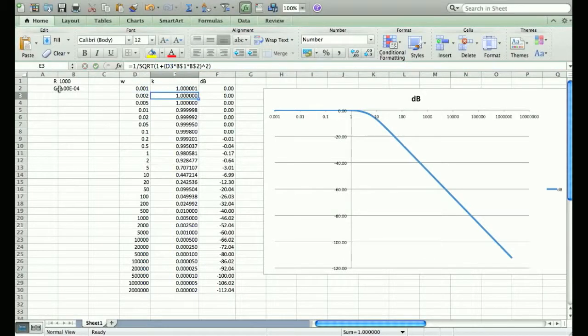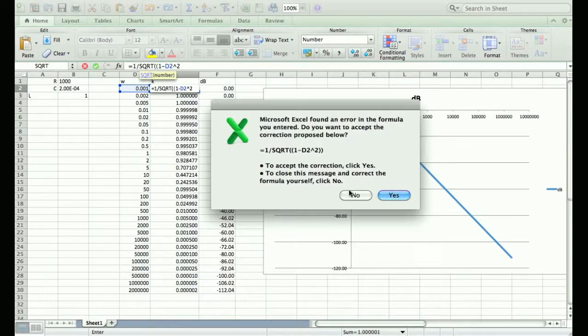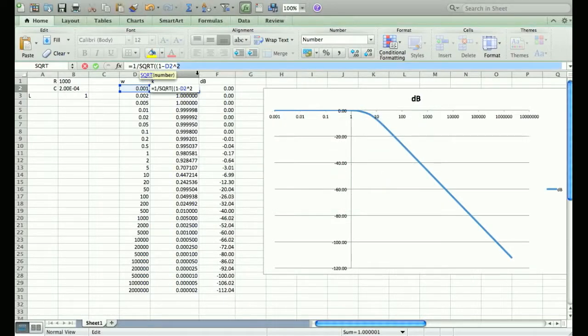I think before we take the square root, we have the imaginary and the real part, then we need to square it. When you square the imaginary number, it just becomes a negative number. So the 1 and the omega LC is the real part, and the omega RC is the imaginary part. That's why it's confusing.